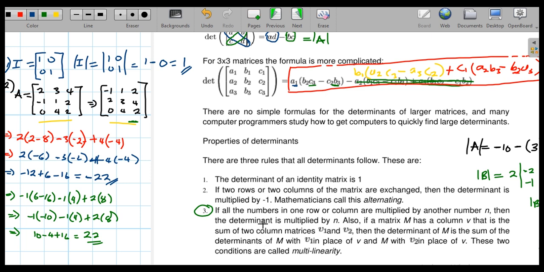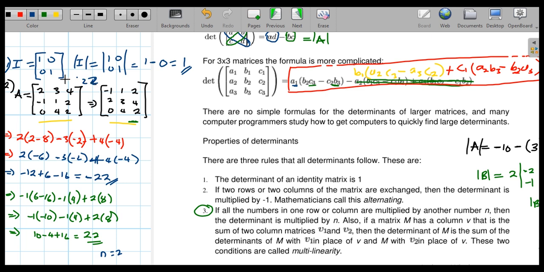So what that means is that the determinant is multiplied by n, the number that you multiply, which here is 2.